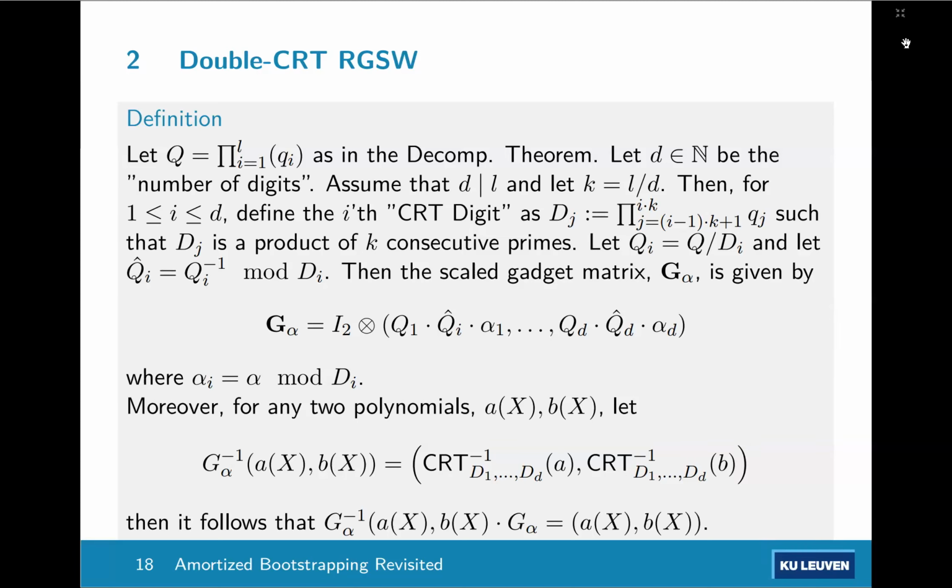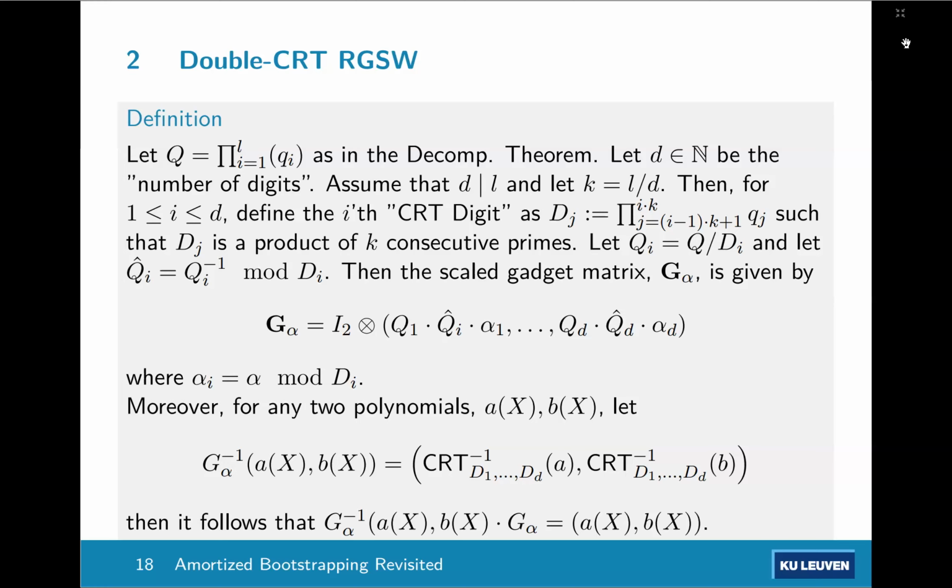At which point we come to something that is very interesting. Something that is a very normal operation in GSW ciphertext is called ciphertext shrinking, where you take the least significant bits of the ciphertext and you can throw them away. However, in the double CRT version of the GSW, that is not possible.